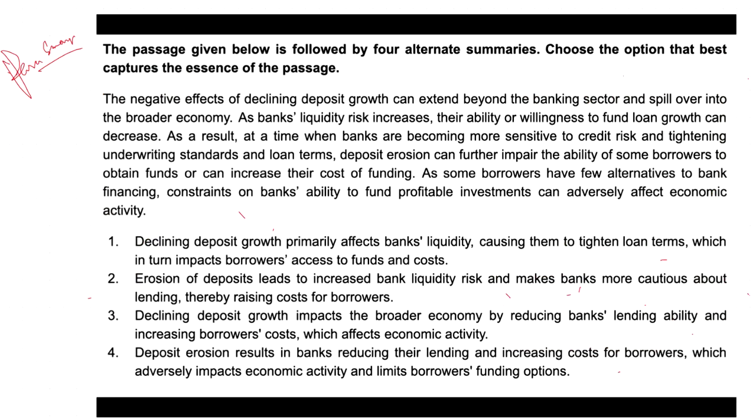So let's go to this particular passage. Here is the direction. The direction says the passage given below is followed by four alternate summaries. We need to choose the option that best captures the essence of the passage. So let's read the passage.